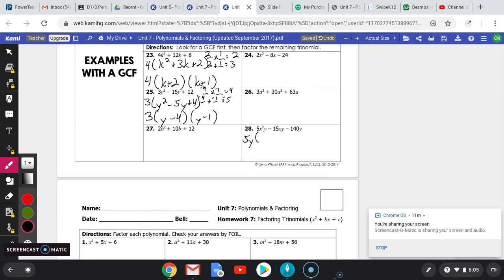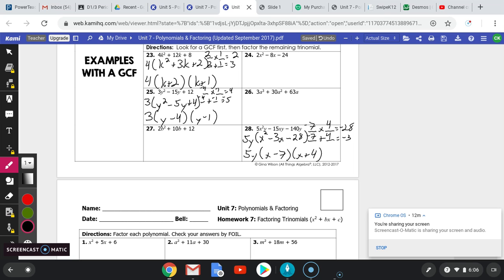So I can factor out y, and what's left over? x squared minus 3x minus, and then 140 divided by 5 is going to be, is that right, 28? Right, yeah, 28. So now, we're going to see what two numbers multiply to give me negative 28, and those same two numbers add to give you negative 3. Hopefully you said it is going to be negative 7 and positive 4. So my final answer is going to be 5y, x minus 7, x plus 4.